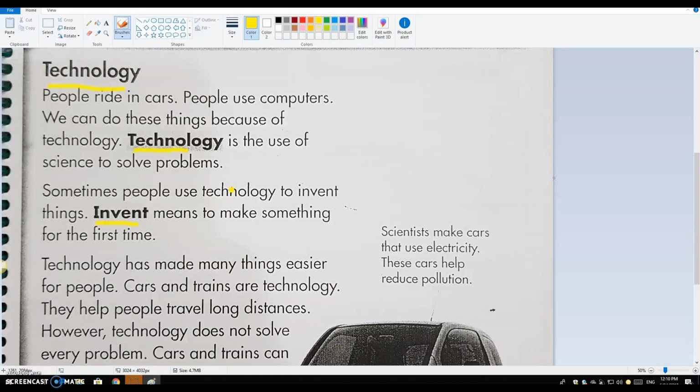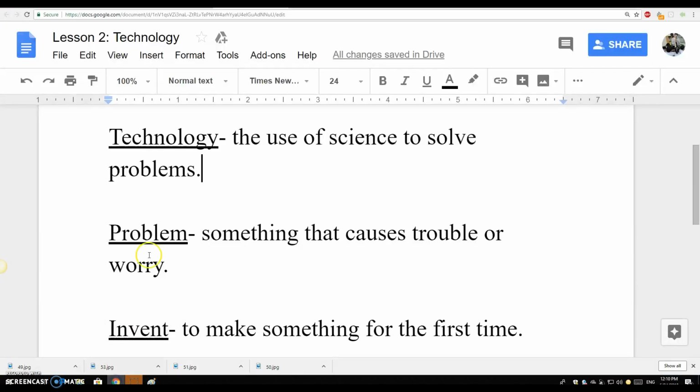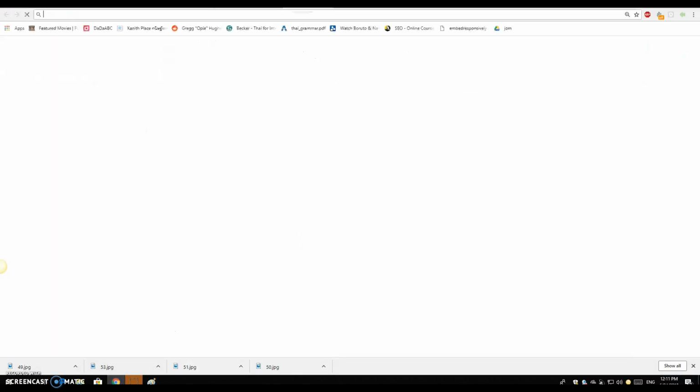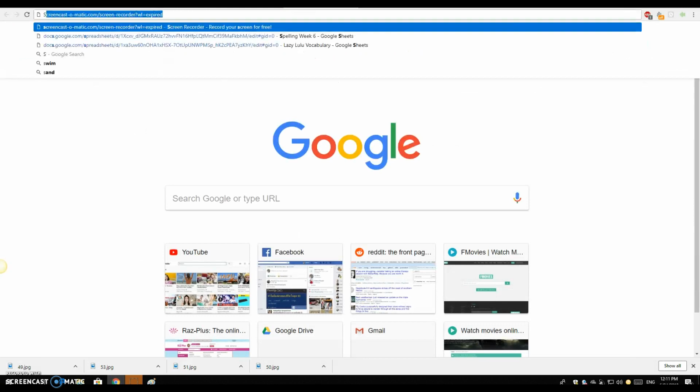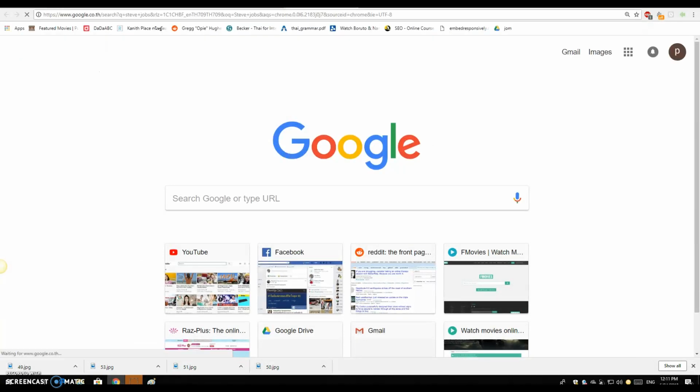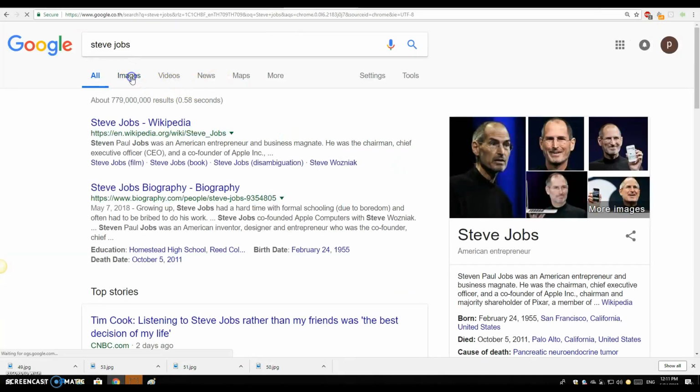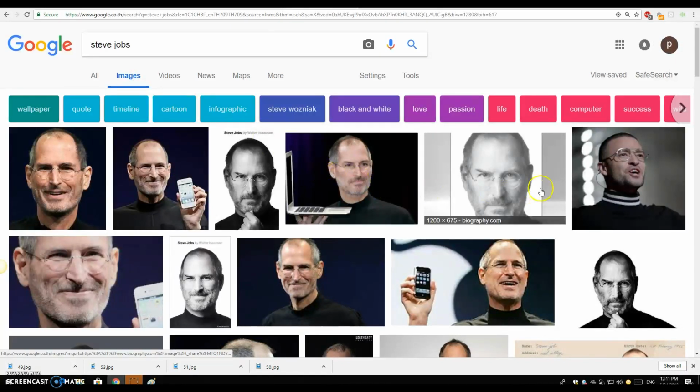Who was the first person to make an iPhone? And I think many of them are too young to know. Let's look it up. Steve Jobs. There's the man right here. Steve Jobs invented the iPhone.